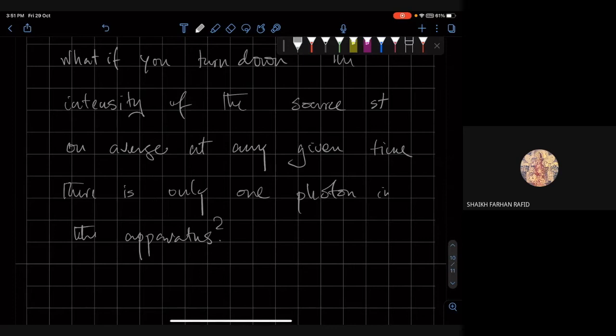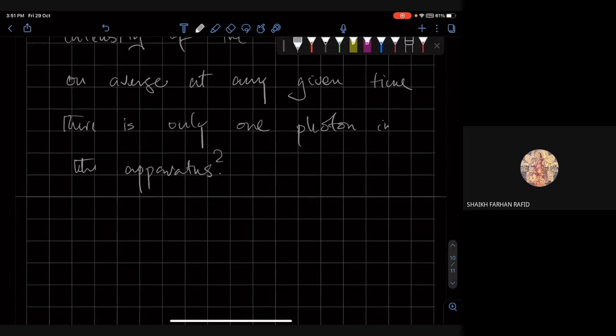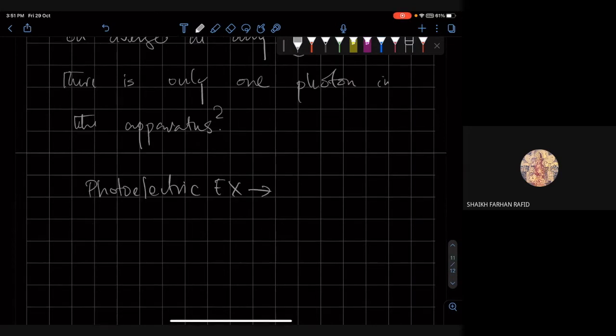You know that the photoelectric effect tells us that the intensity of light is proportional to the number of photons, right? Because when you increase the intensity of light, the maximum kinetic energy of the electrons doesn't change.